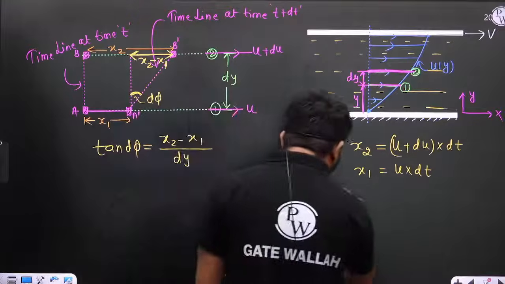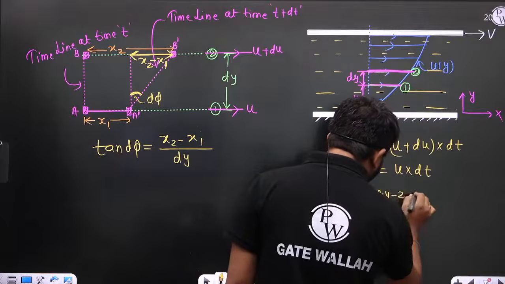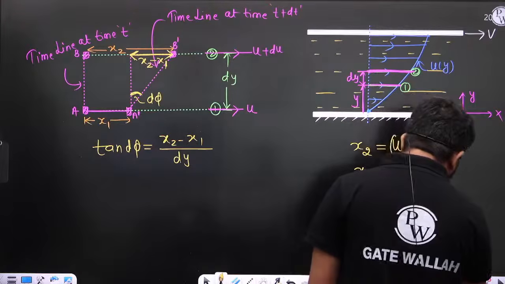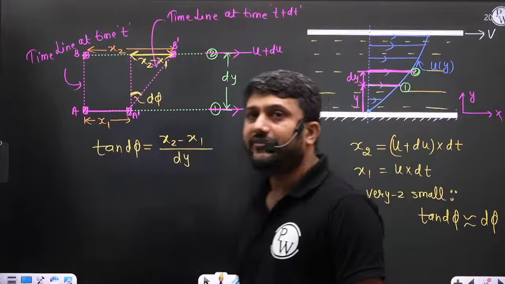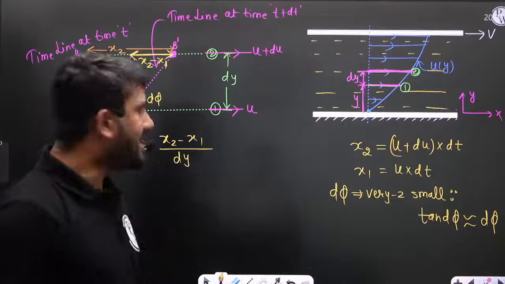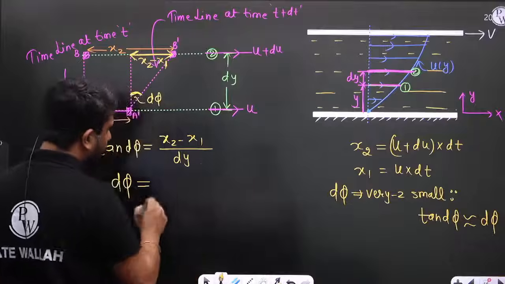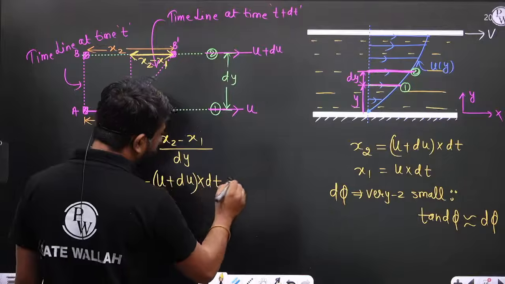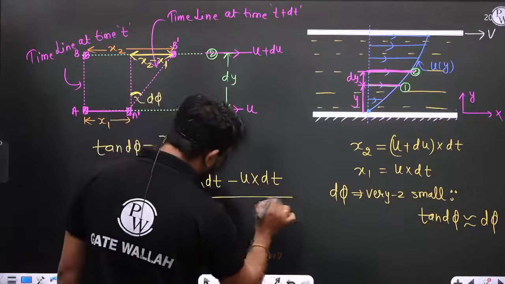And this d phi is very, very small. Therefore tan d phi is approximately equal to d phi. Is it clear? So we can write d phi is equal to x2, which is u plus du into dt, minus x1, u into dt, upon dy.